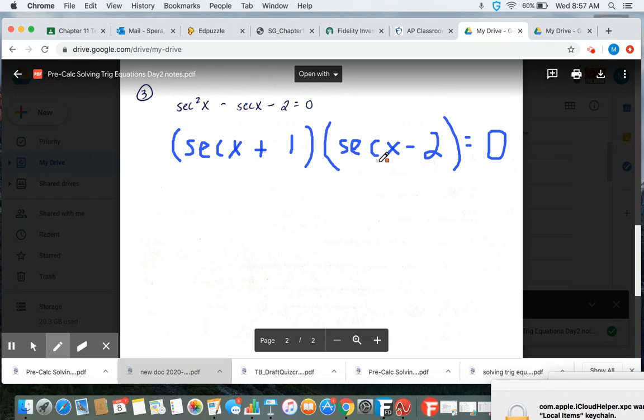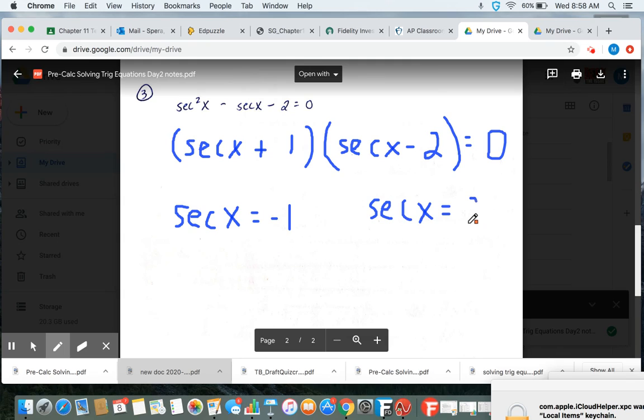We would take each one of these factors, set them equal to 0, and we would solve. Now, I don't think you need to see me actually set them equal to 0. I think we're okay with the concept of getting secant x to be -1 and getting secant x to be +2, right? So we just solved for x, except we're not done.